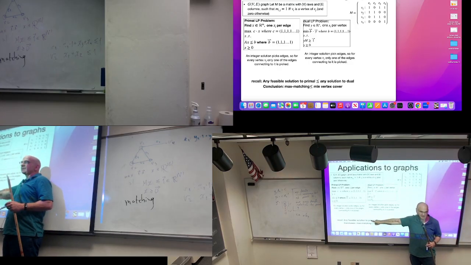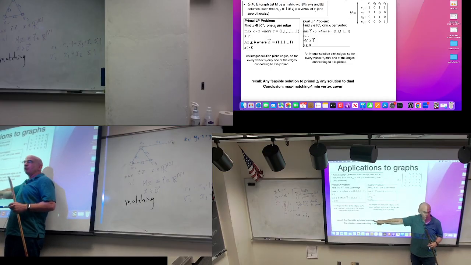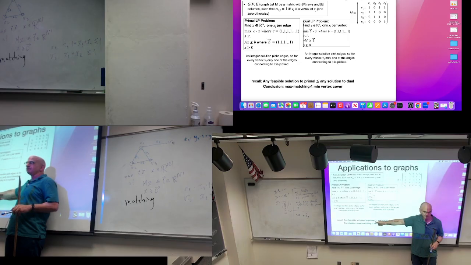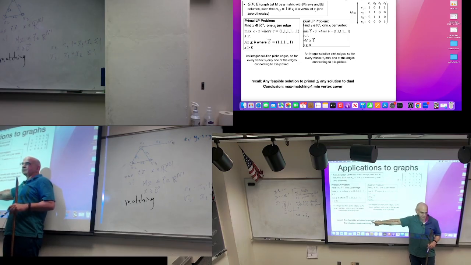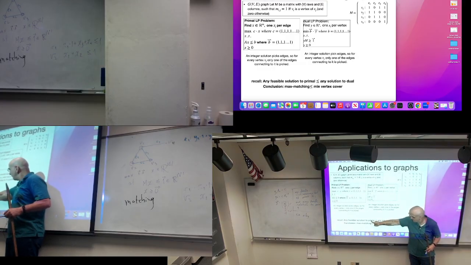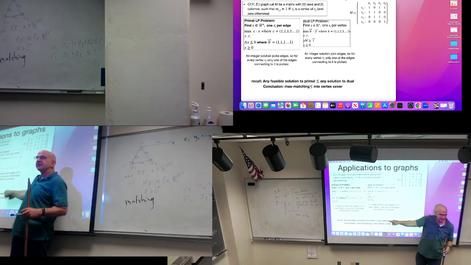Now, this claim is true between primal and dual always. That's the weak duality theorem. Every solution, integer or not integer, as long as it's feasible, any solution to the primal is smaller than any solution to the dual.